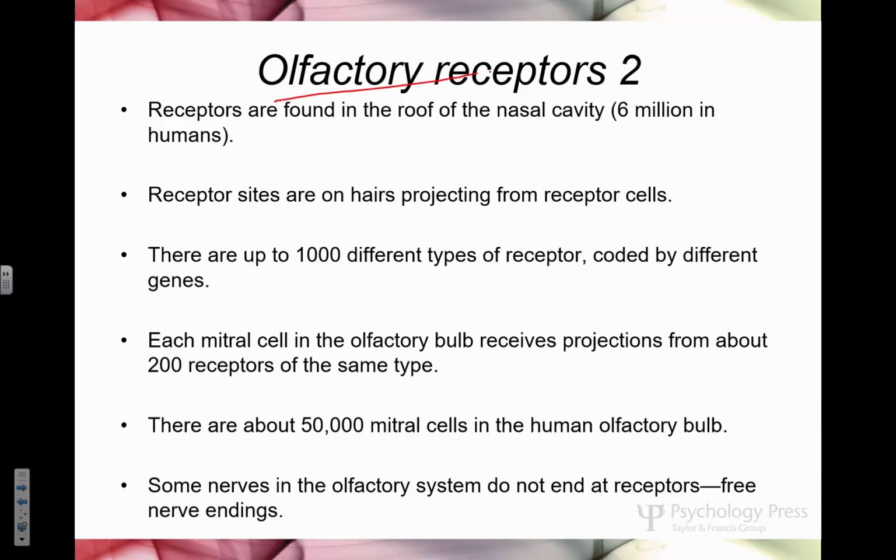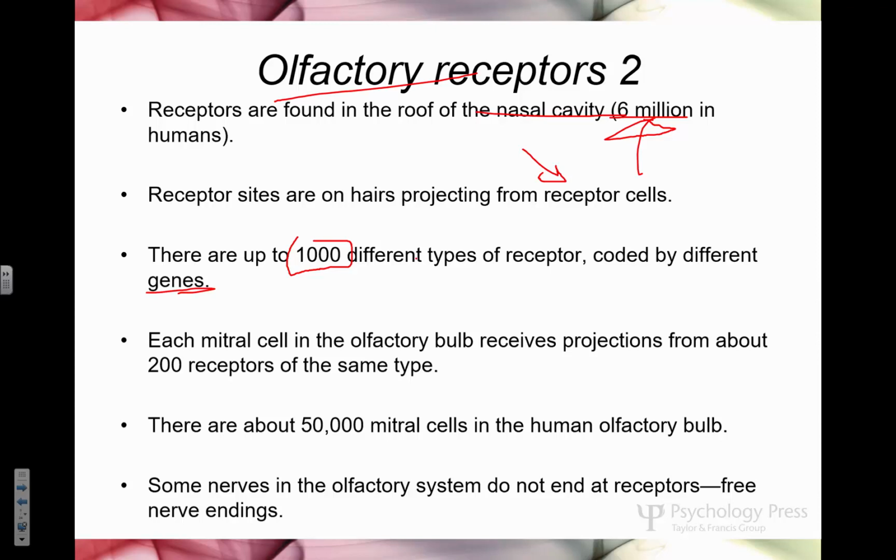What do we need to know about olfactory receptors? Again, they're on the roof of the nasal cavity. If you're a human, assuming most of you are, you have about 6 million of those. That's pretty awesome. They stick out on these little hairs that come from the receptor cells. That's where we're going to pick up these little molecules. What's interesting about this is you have about 1,000 different types of receptors, and all of these are coded by different genes, right?